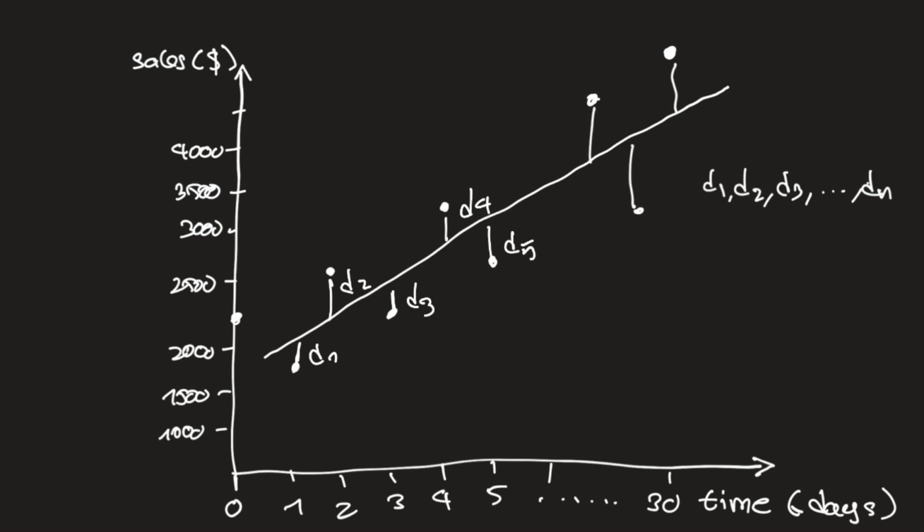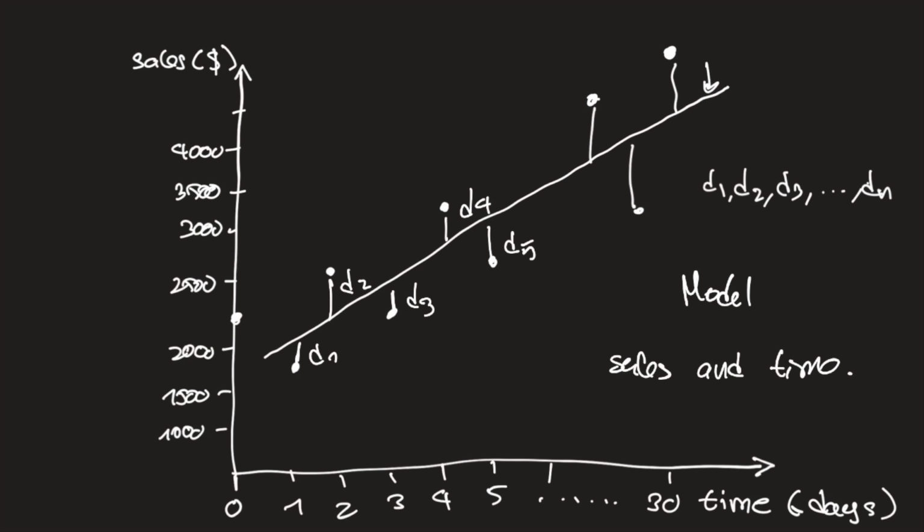So what you want is a line that is at the minimal distance to all the points that you have gathered through your data gathering process. And this line that you find here is going to be the model that best describes the relationship between sales and time.